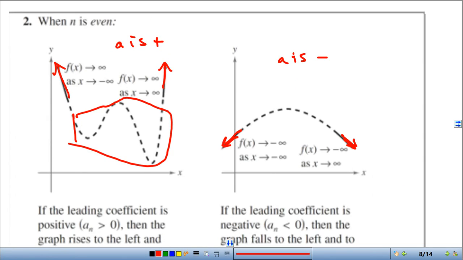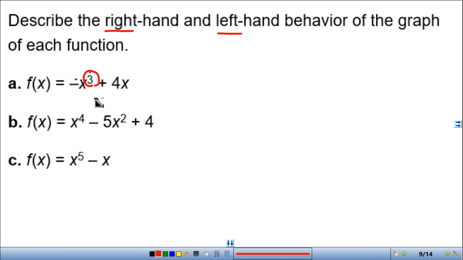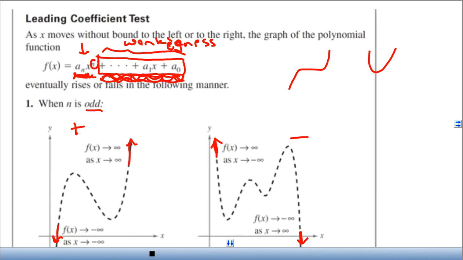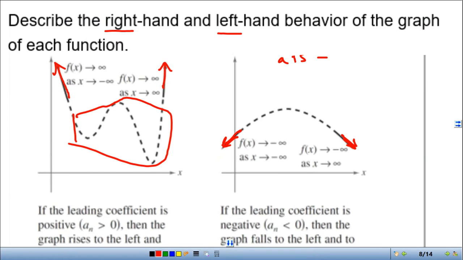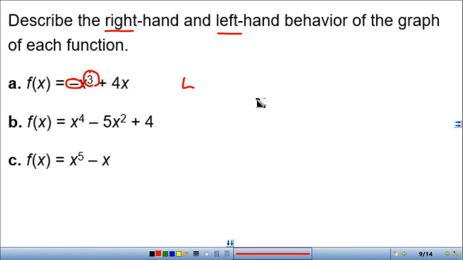And a sub n is negative. So I now know it's negative, so it looks like this one here. So on the left, it's going to go up, and on the right, it's going to go down.